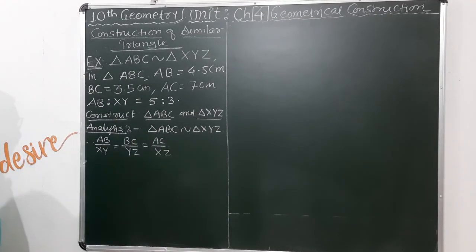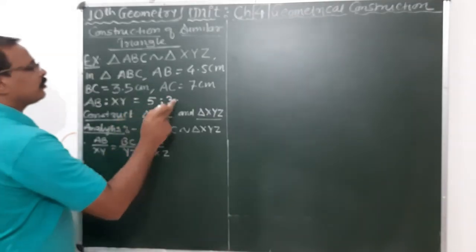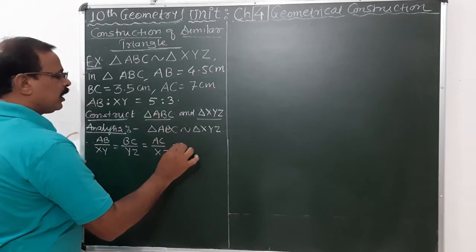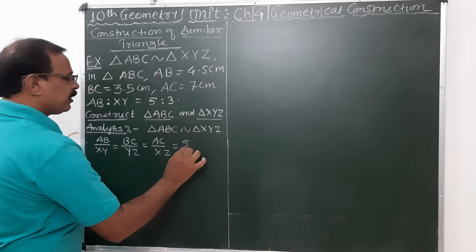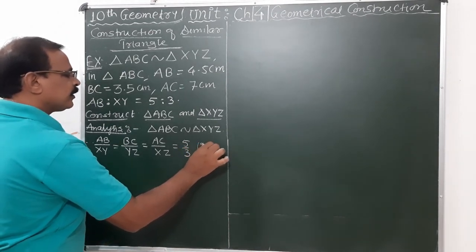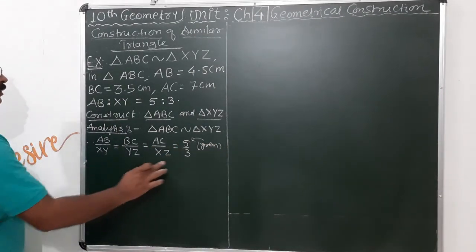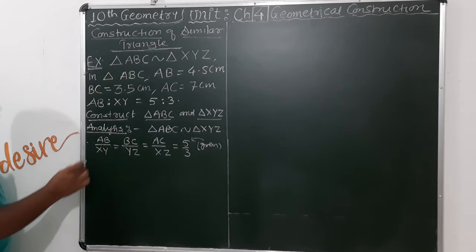Okay. It is given that the ratio of AB to XY is equal to 5:3. So I write here 5 divided by 3. This is given. So this is according to the definition of this.